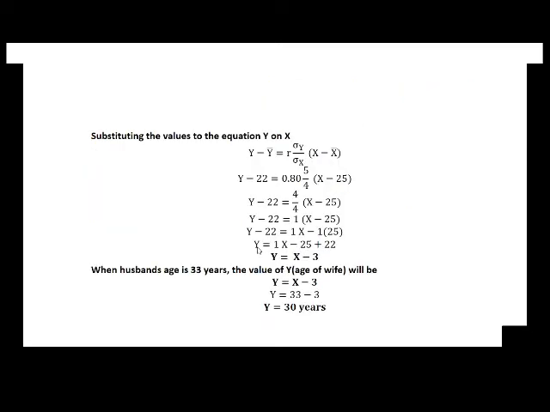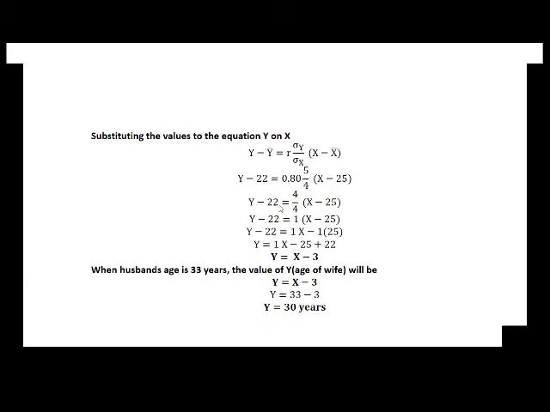So, substituting the values into the equation y on x: y minus y bar is equal to correlation into standard deviation of y divided by standard deviation of x, into x minus x bar. Y minus 22 is equal to 0.80 into 5 divided by 4, x minus 25.